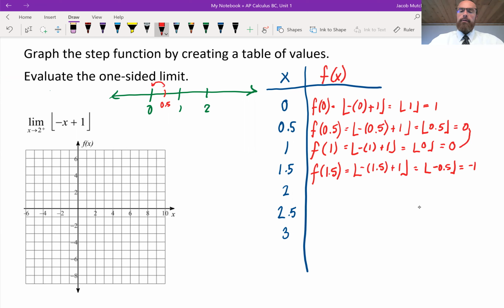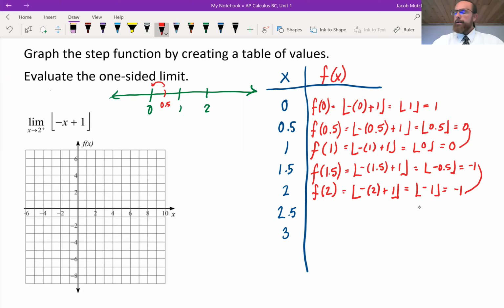All right. F at 2 is the step function of -2 plus 1. And that's going to be -1 inside the step function. So again, that repeats the output.